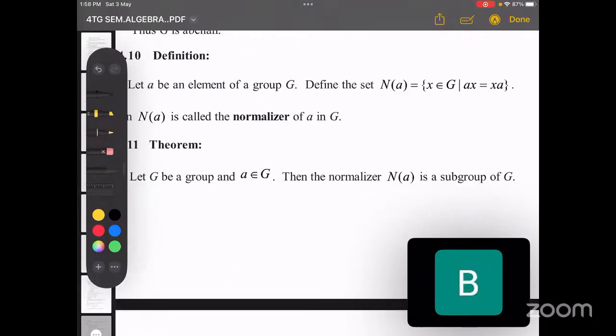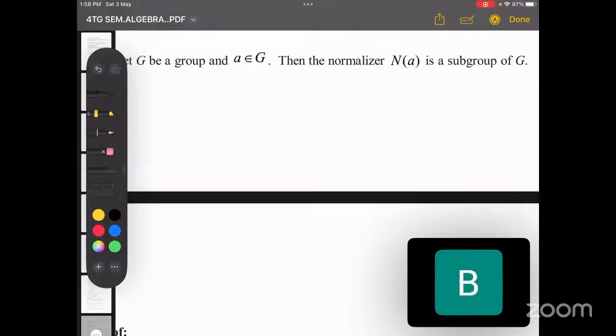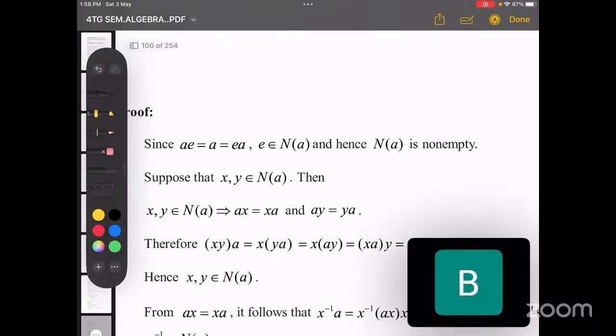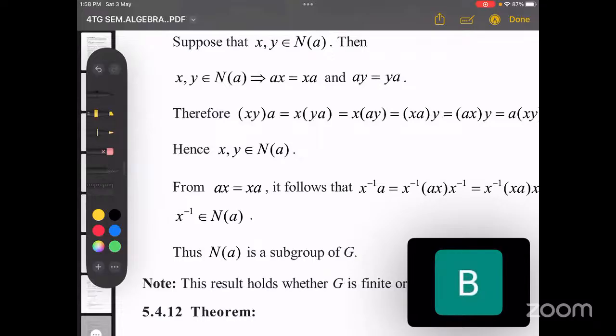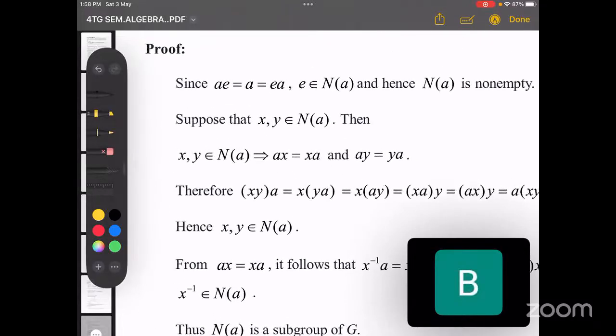Next we have a theorem. This is an important theorem. Let G be a group and A belongs to G. Then the normalizer N of A is a subgroup of G. Okay, so we have to show that N of A is a subgroup of G. Before, for the center of group G, we have seen the theorem proof.